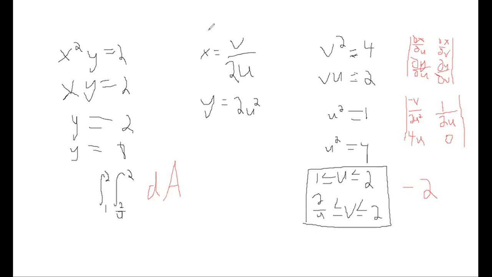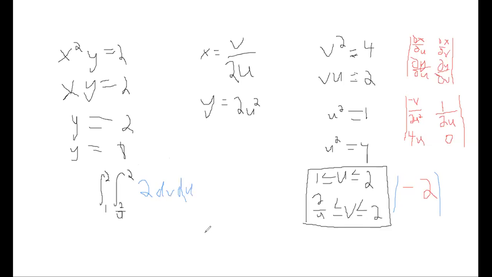So this dA becomes the absolute value of negative 2, so this just becomes 2. And then here, we need to make sure that we do things in the right order. This was with respect to v, so it needs to be 2 dv du.